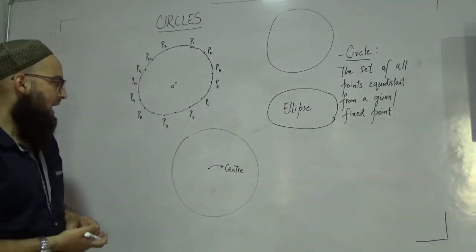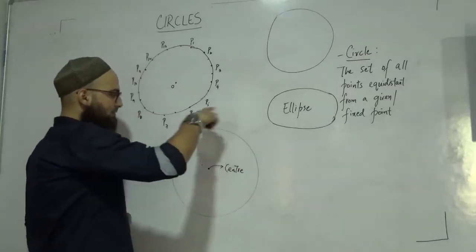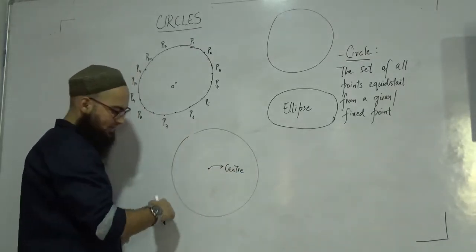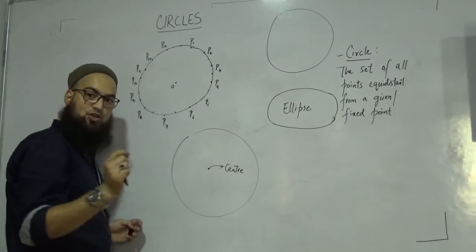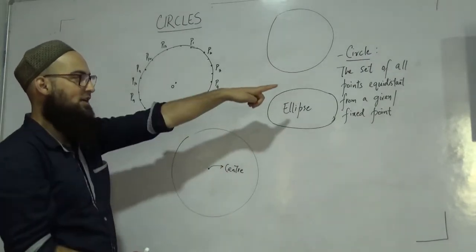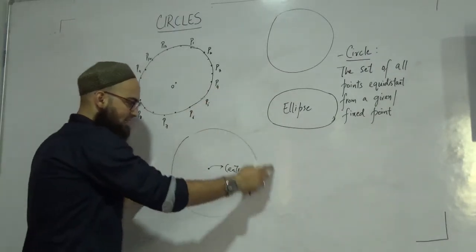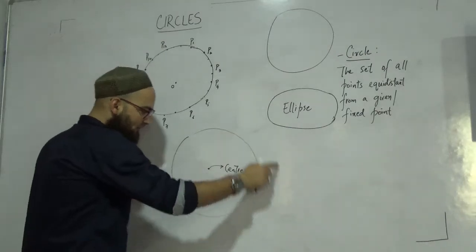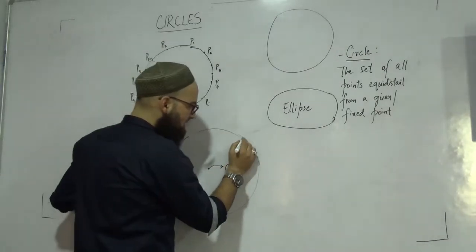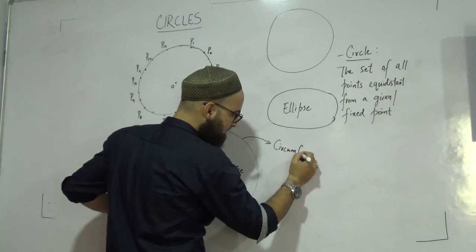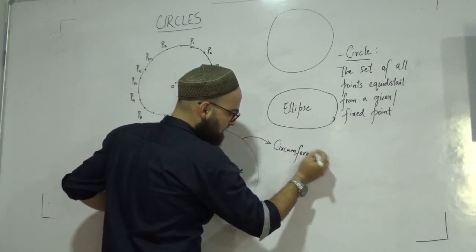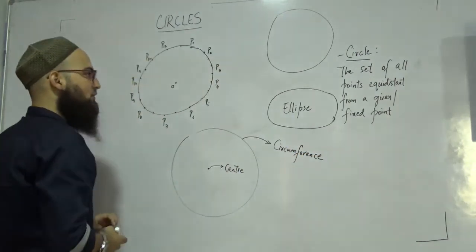Got it? The boundary of the circle, which is formed by joining the set of infinite points, which we just learned, the set of all these points, this boundary of a circle, is called the circumference of a circle.